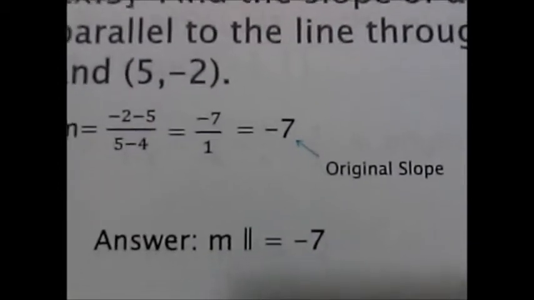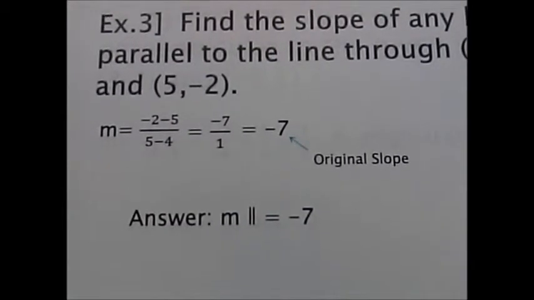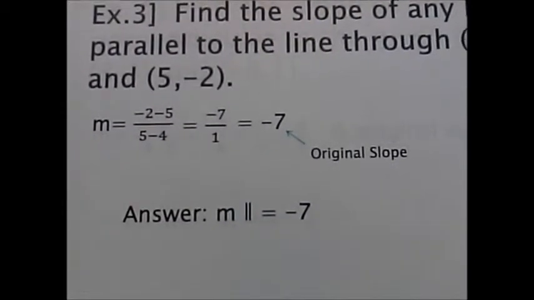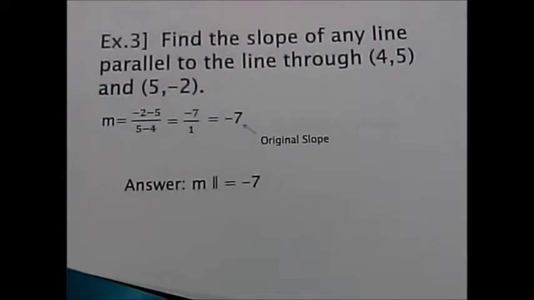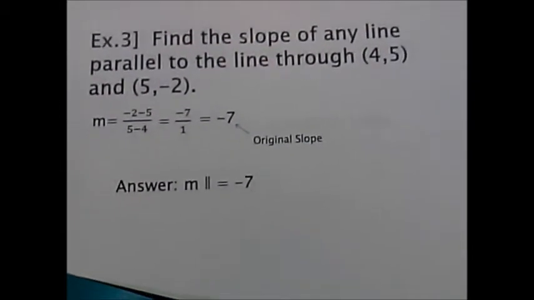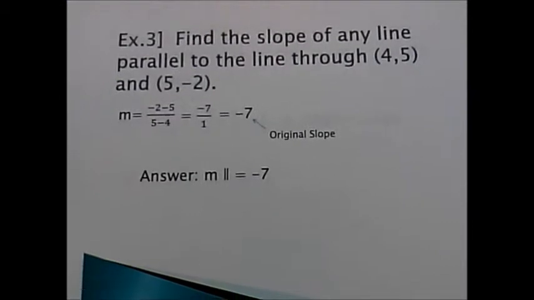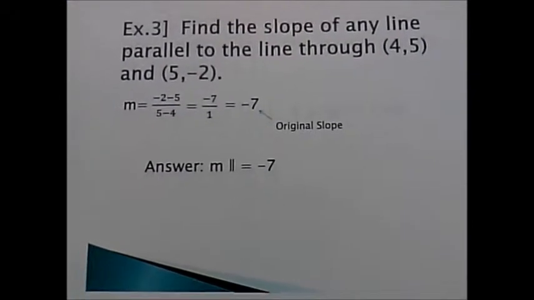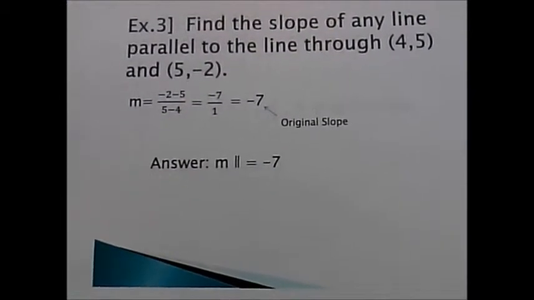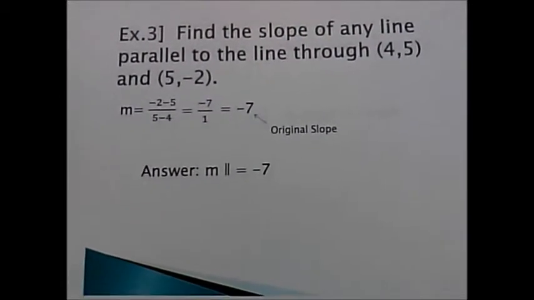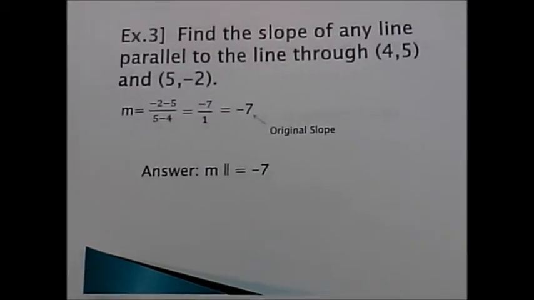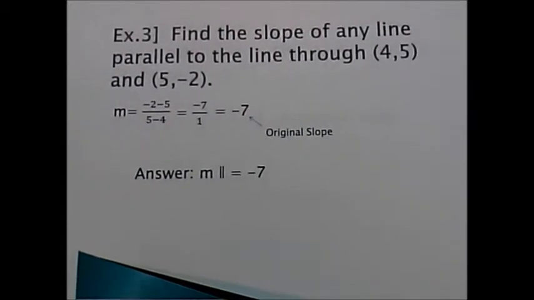When you solve it, it will give you negative 7 over 1. When you simplify that, the original slope will be negative 7. And since you're looking for a parallel, the slope would be the same as the original, so the answer would be m is parallel to negative 7.